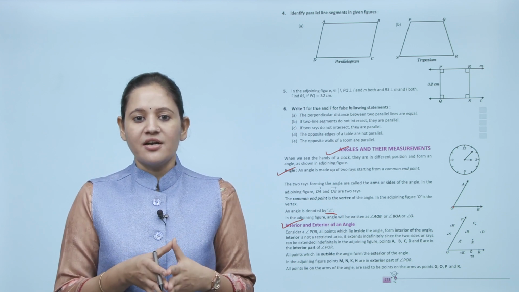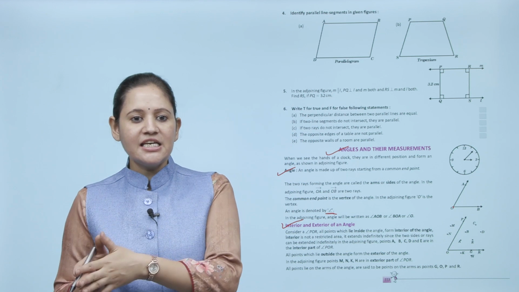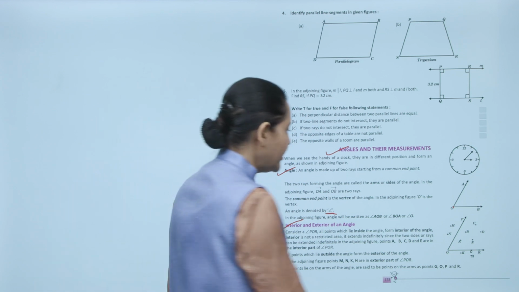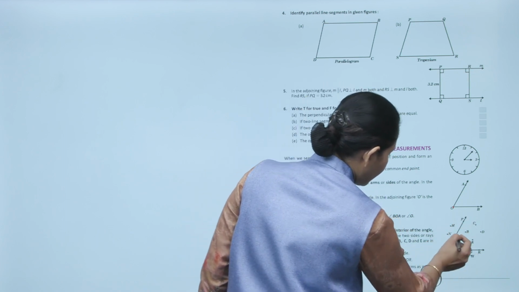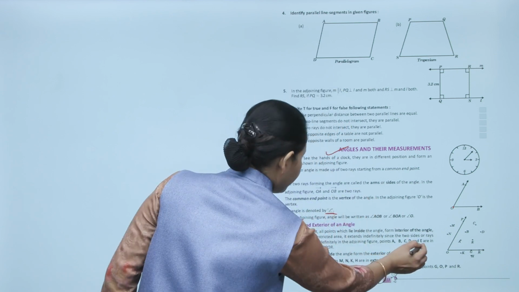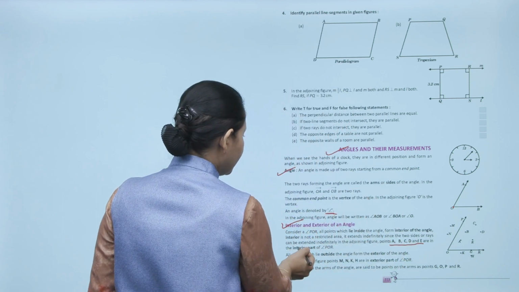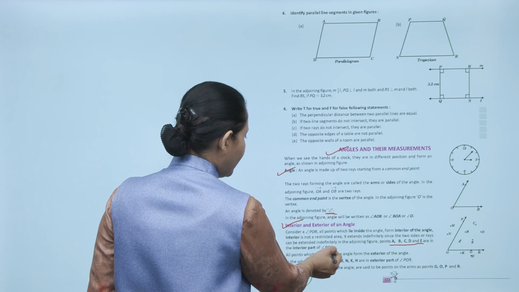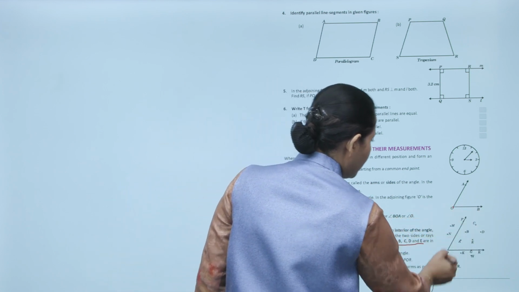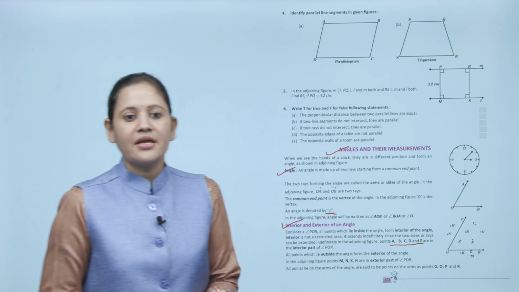In the adjoining figure, points A, B, C, D and E are the interior part of the angle POR. If we talk about angle POR, points A, B, C, D, E, they are the interior part of angle POR. All these points are in the interior of angle POR.